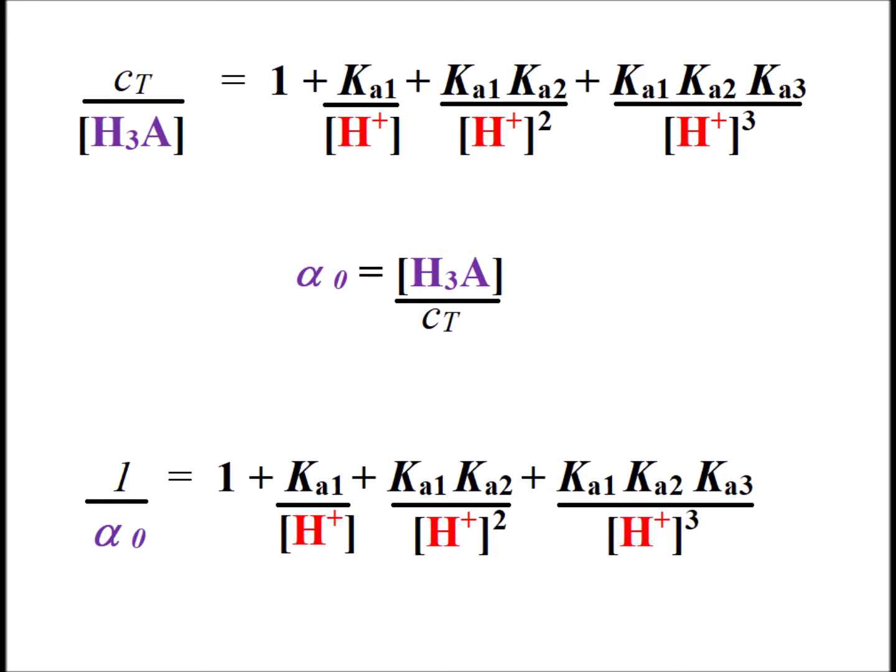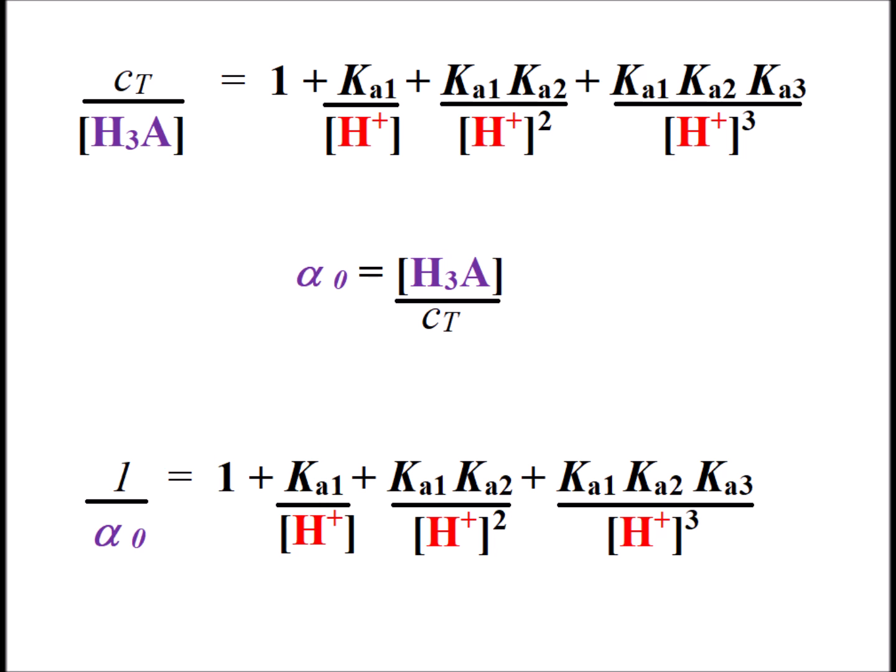In this slide, we manipulate our expression that we had for C sub t, and we're going to divide through by the common factor of H3A. So now on the right-hand side, we notice that we don't have the concentration H3A anymore. Remind ourselves that alpha sub 0 is the concentration of H3A divided by Ct.